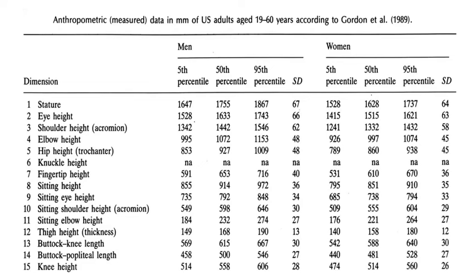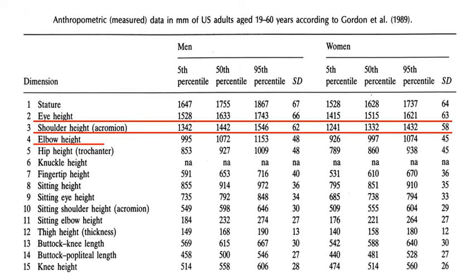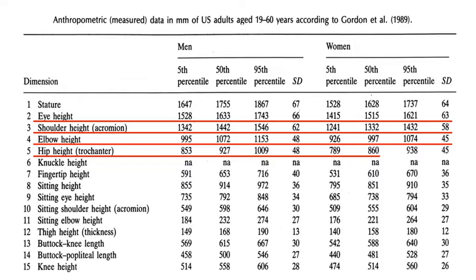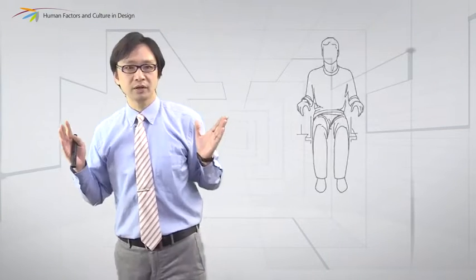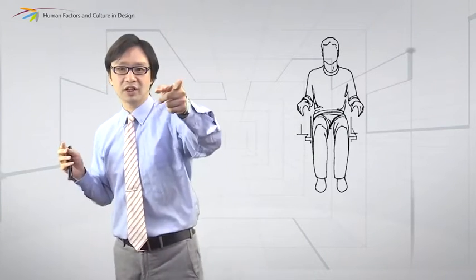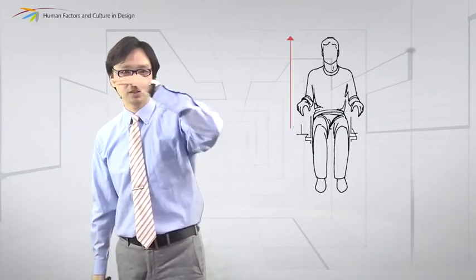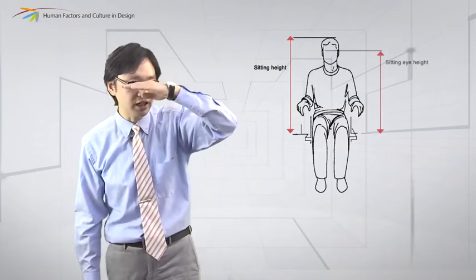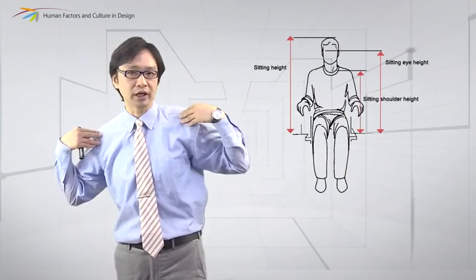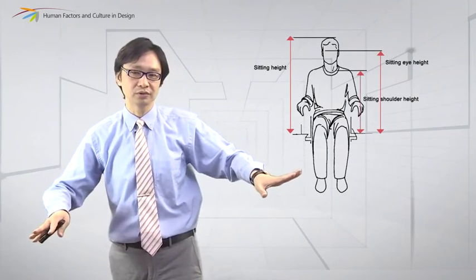Besides stature, there are other dimensions like eye height, shoulder height, elbow height, hip height, and so forth. But these data are all for standing people. If I sit down, then the data also tells sitting height, sitting eye height, sitting shoulder height, and so forth.